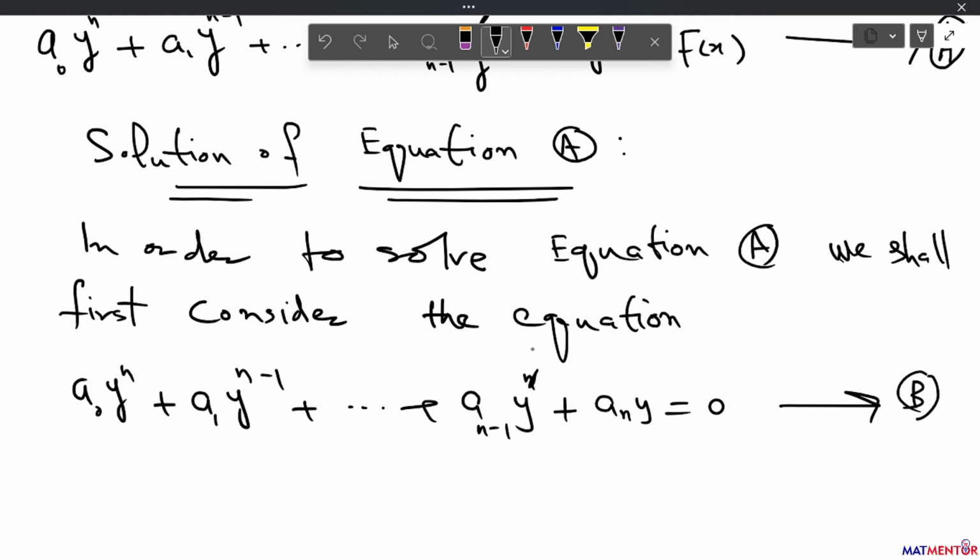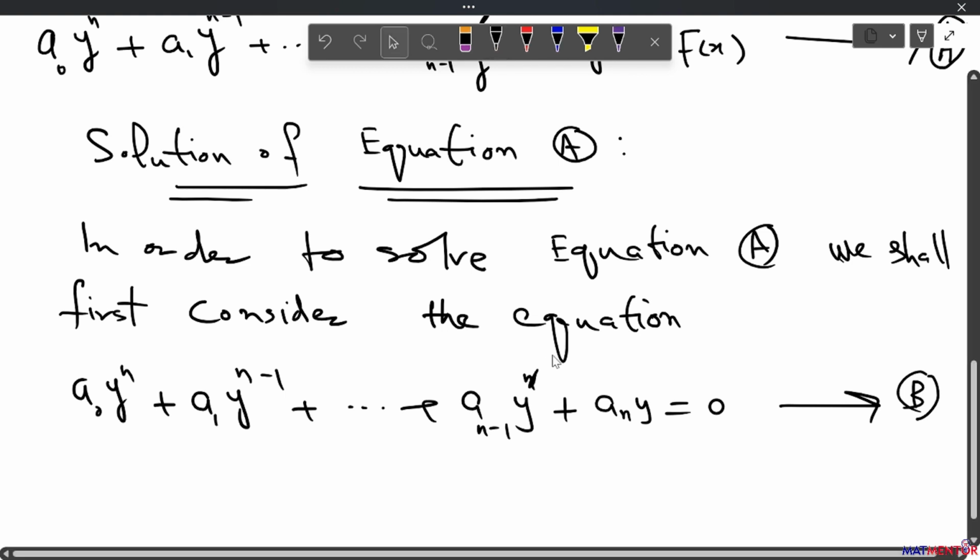So in order to solve A, first we write the left hand side equal to 0. Now this equation B is called homogeneous linear differential equation of order n.